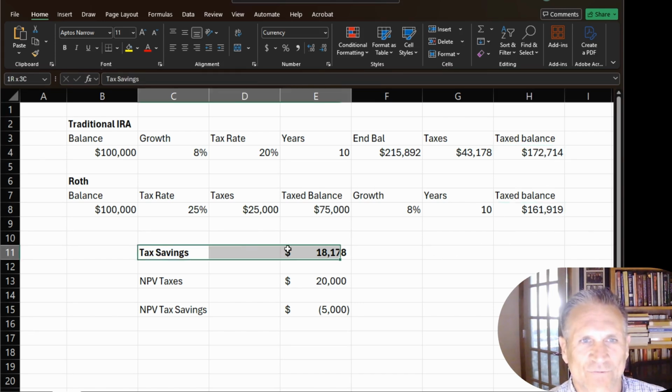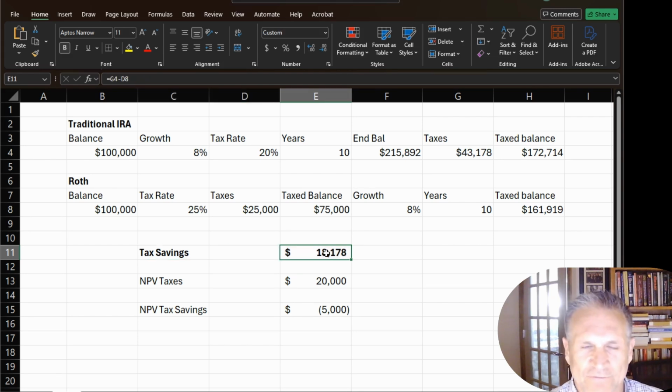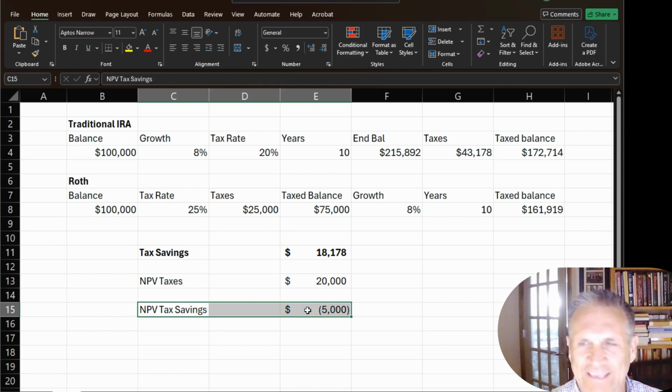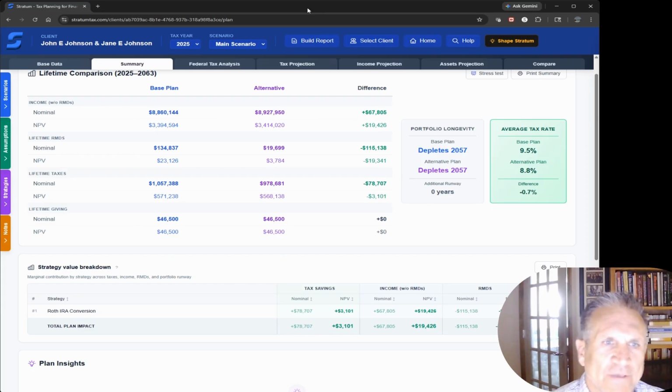And yet, those same well-intentioned folks might say that I had a tax savings by doing a Roth conversion of $18,000. That's not correct. My net NPV tax savings is negative. This is a $5,000 detriment. This is an unfavorable Roth conversion. Be careful. That's a trap. It's a lie.